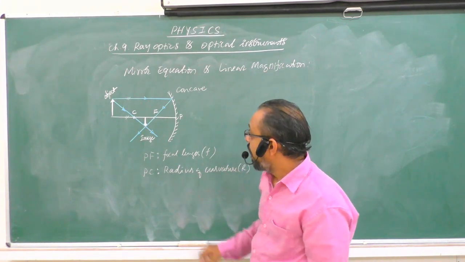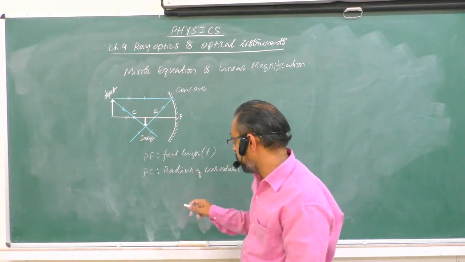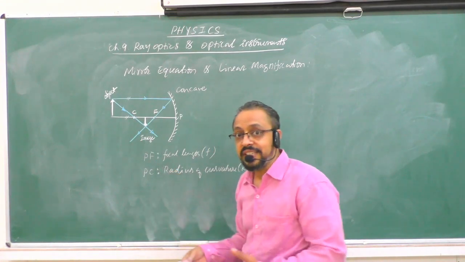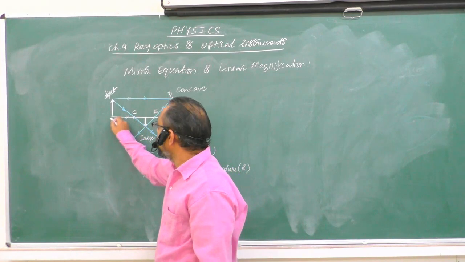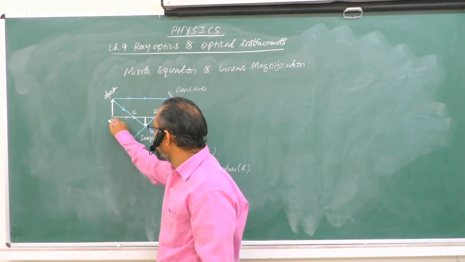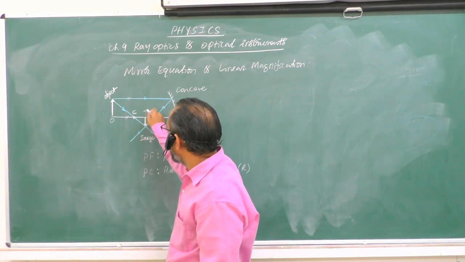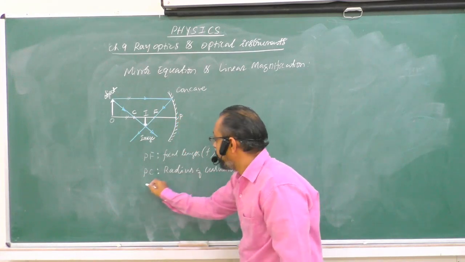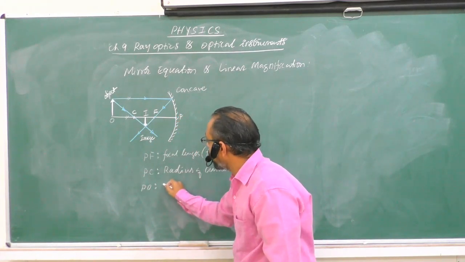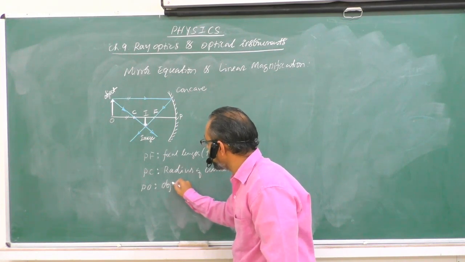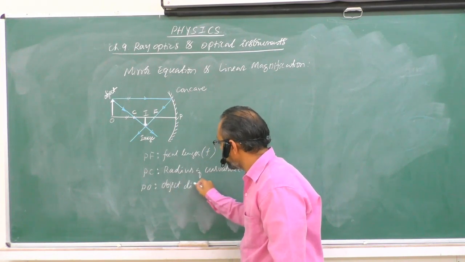And one more thing you must know, that is the distances like object distance and image distance. I call this O and this I. So PO is the length called object distance.